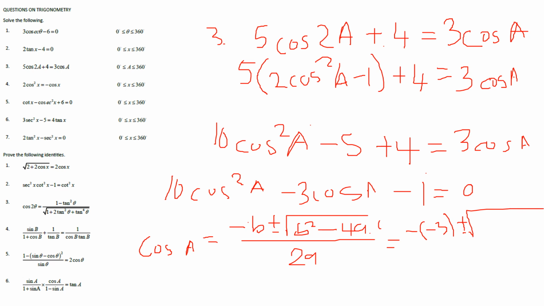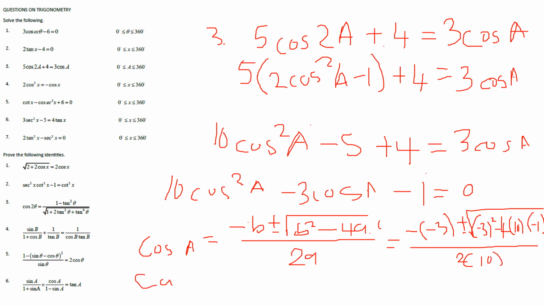What is b? B is negative 3, squared, minus 4. A is 10, and then c is negative 1. All divided by 2, and the value of a is 10. So you're just going to put everything into your calculator.